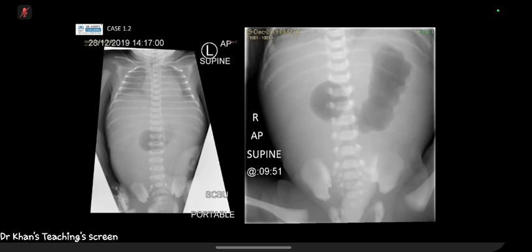The stomach is gas filled. So between the first and the second, how has it changed? The nasogastric tube has been removed, and there is only a fill up of the stomach with air. The rest of the bowel loops are not seen.